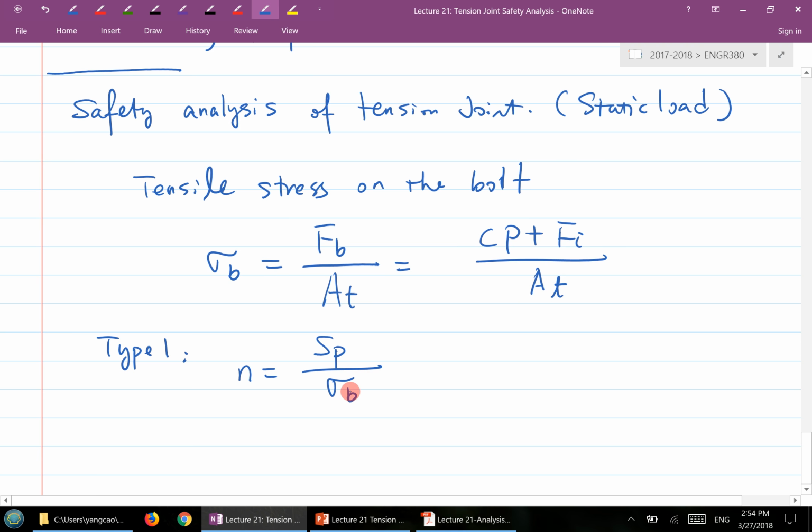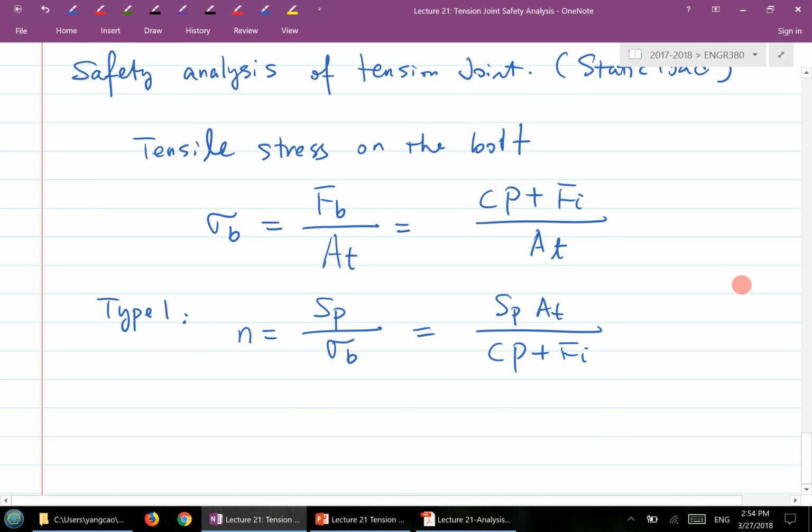So you get SP times AT divided by CP plus FI. That's one type 1 analysis, which you can call a yield safety factor, like a yielding factor of safety.